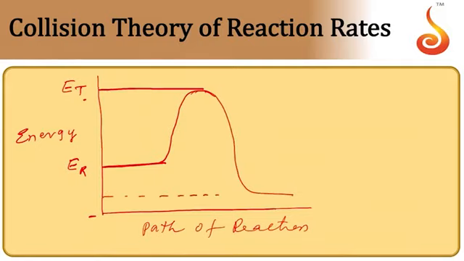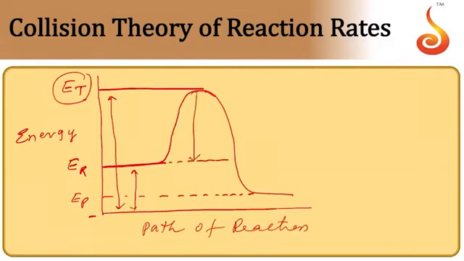Now this value can be taken as the energy of products. Right from here to here, this is called ET, the threshold energy, and this part is called the average energy of reactant molecules. The difference between the energy of reactant molecules and threshold energy, this gap, is called the energy of activation, Ea.